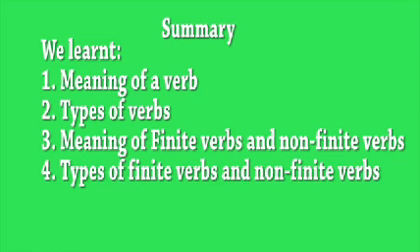And we went further to the non-finite verbs. As the name implies, a non-finite verb is a verb that is not limited by its subjects, because it can go with any subject in a sentence. And they are also subdivided into three: the gerunds, infinitives, and participles.